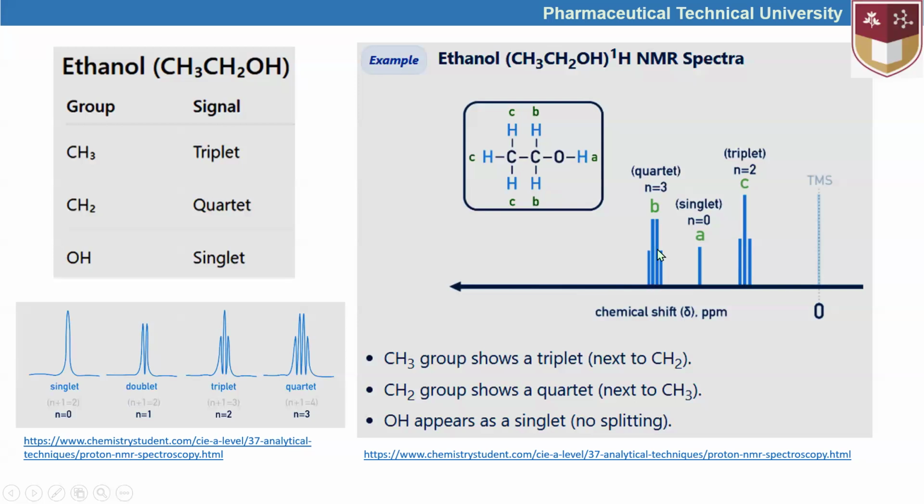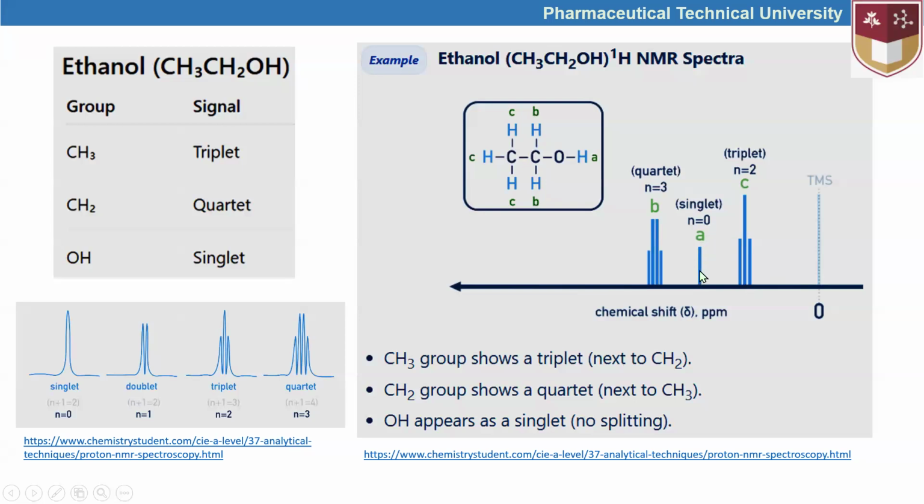N here is 3 in B category, 3 plus 1, so 4, quartet. And in C category, there are 2 adjacent hydrogens that belong to another carbon. So 2 plus 1, 3. This is what we have to understand.